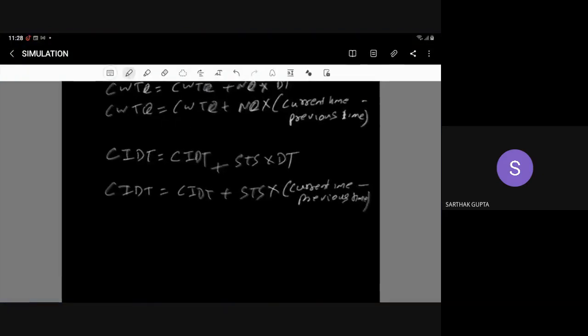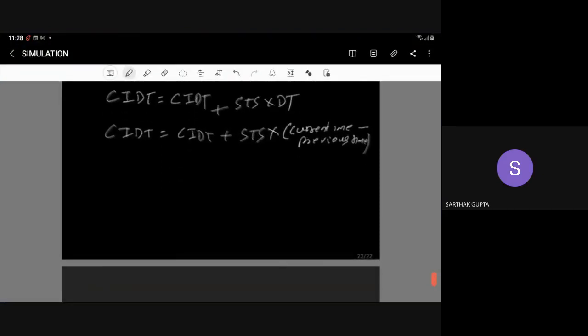So for the single server model, we have to make a table having the following headings. First one is T. Then we have the current event. Then we have the CNA. Then we have the CND.